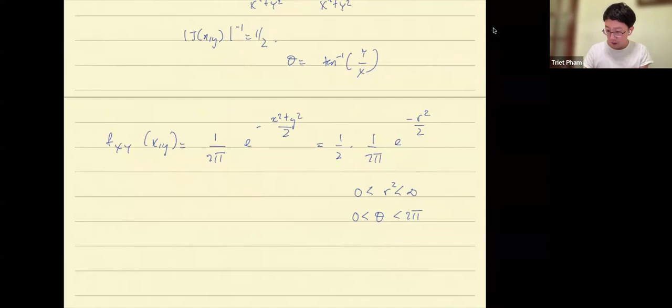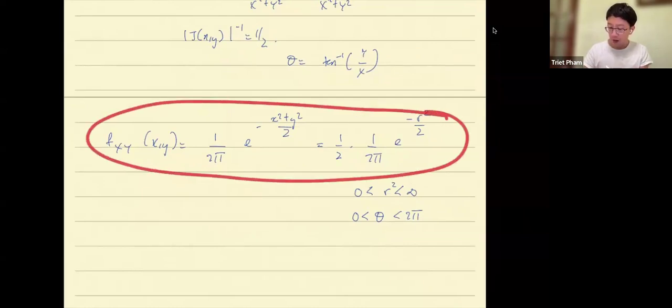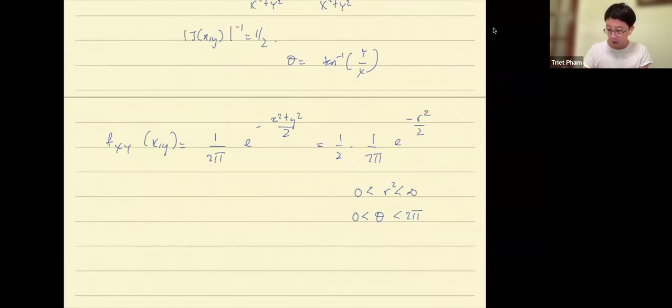But the point is, let's take a look at this. This is a function of r squared, right? But where's theta here? For example, where's theta?